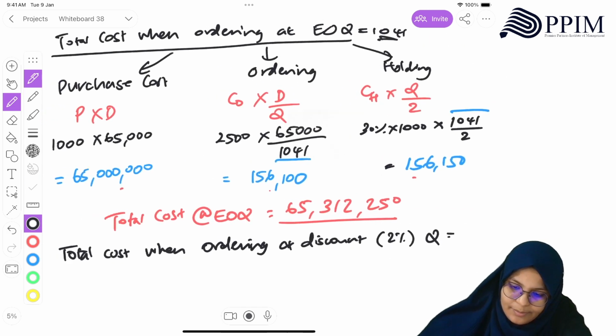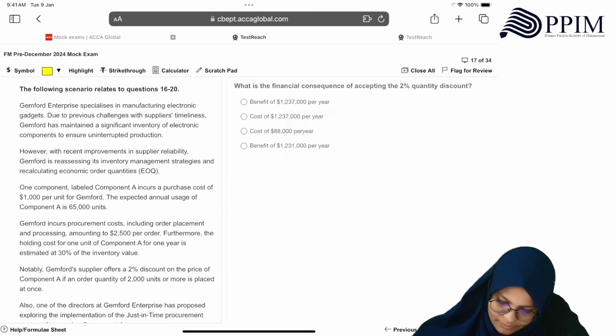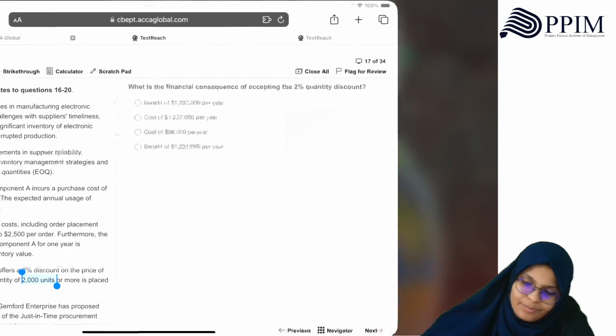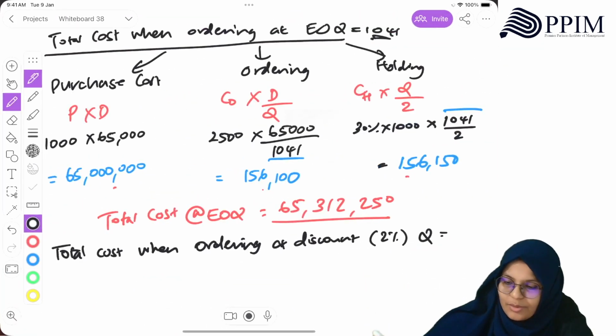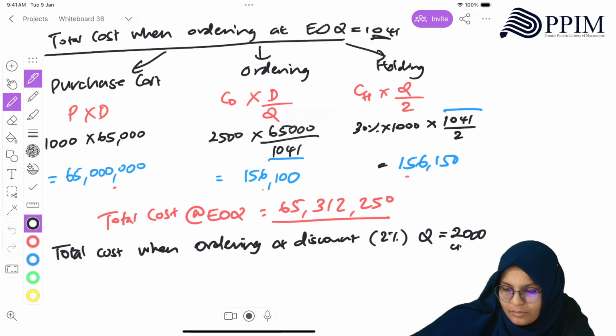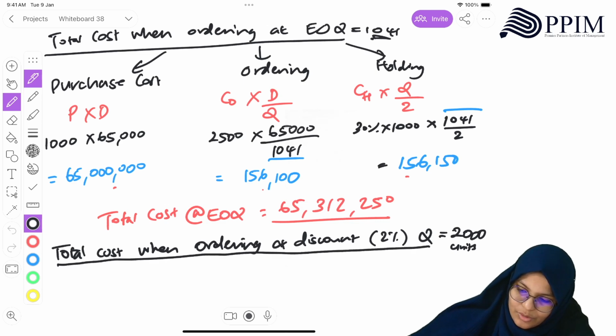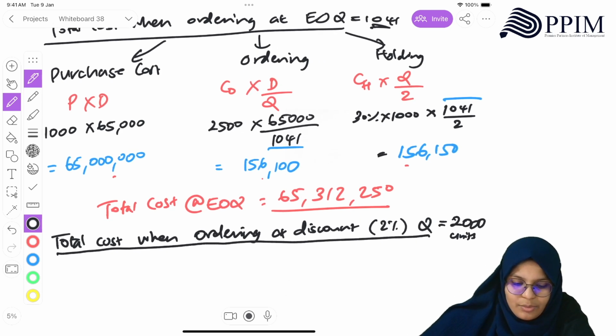Let me check. It says 2000 units or more means you get a quantity discount. Okay, so Q is 2000. Take it down and then try to get the total cost with discount.